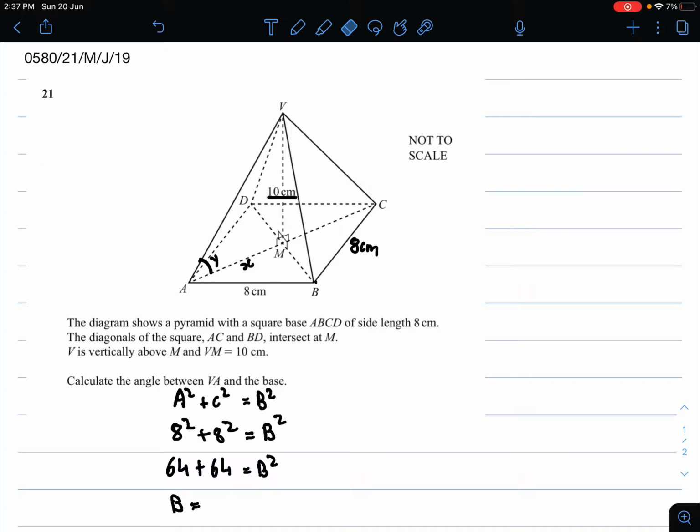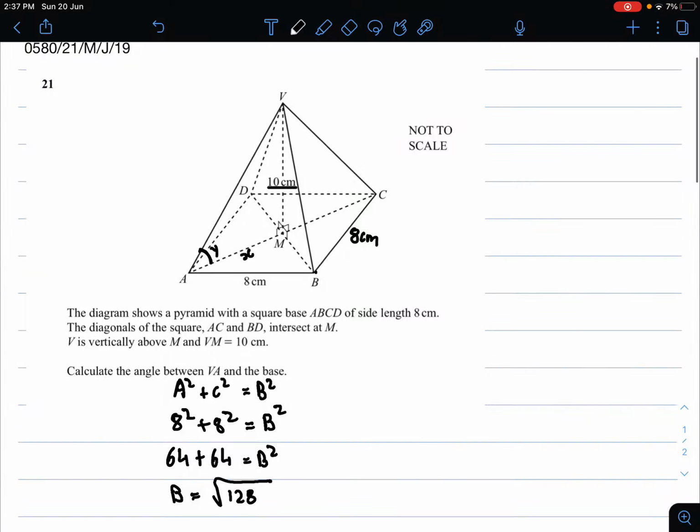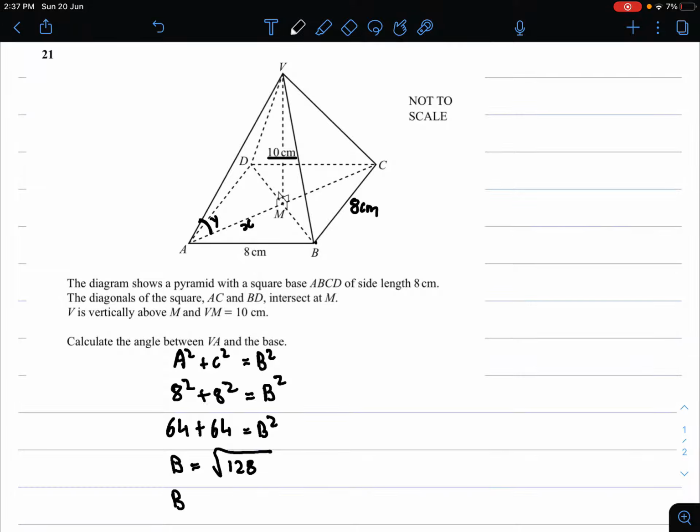So 64 plus 64 is 128, so root of 128. If you put root of 128 in your scientific calculator, it will give you a simplified form as 8 root 2.